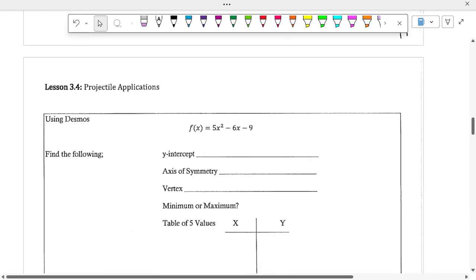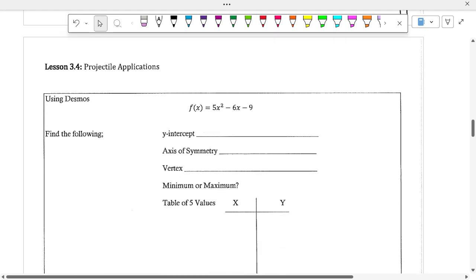Also, have your packet open at page 20. So you need Desmos up, packet to page 20.